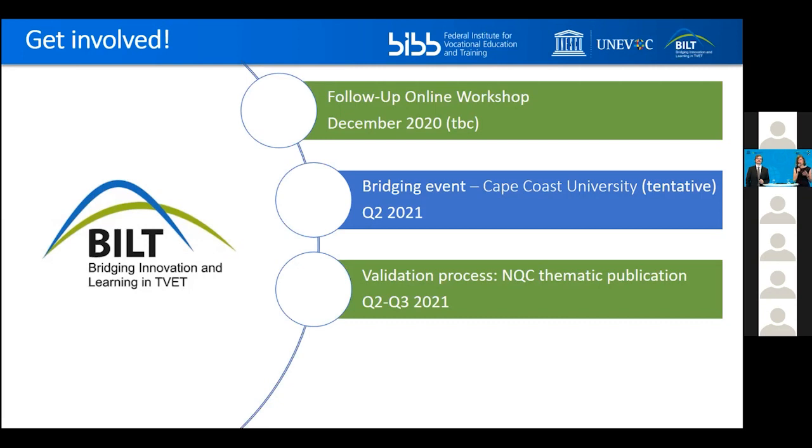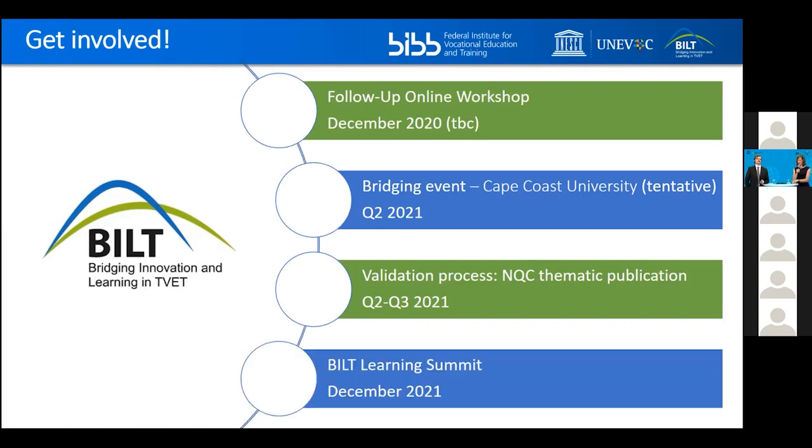If your institution or you decide to take part in this process, you will receive a draft of the publication which concerns the type of TVET institution that you represent, and you will be asked to collect feedback on whether it's applicable in your institutional or local context, what ways of improvement you see, and subsequently you will have a chance to share your feedback with the experts and the experts group during a physical meeting in 2021. So the validation process is another way to get involved in BILT.